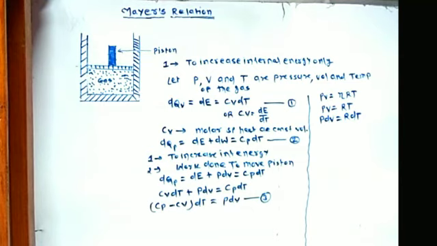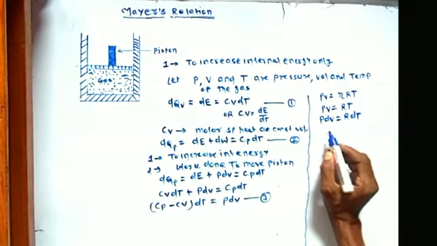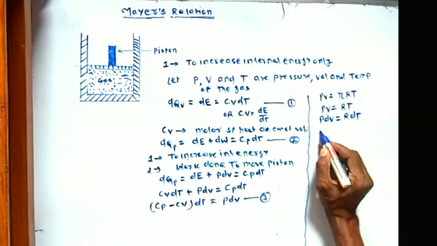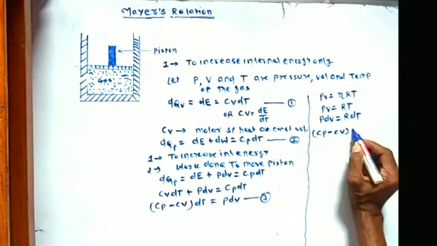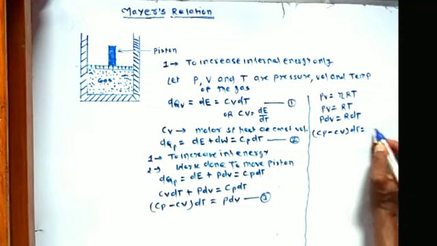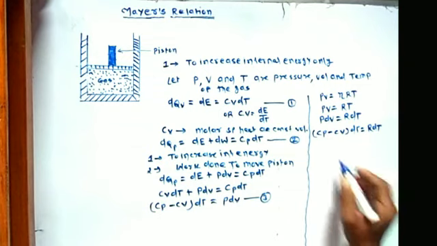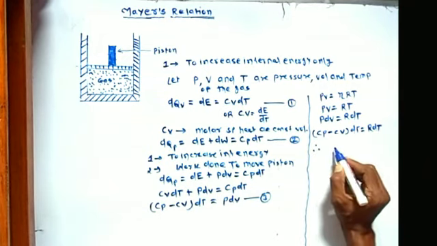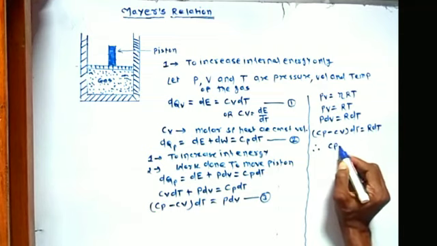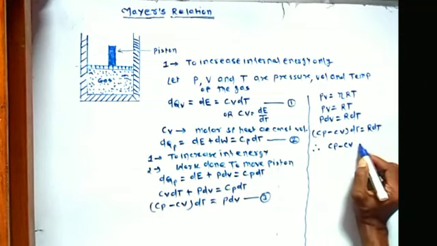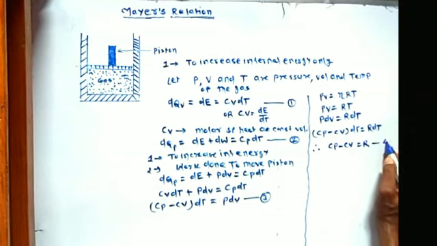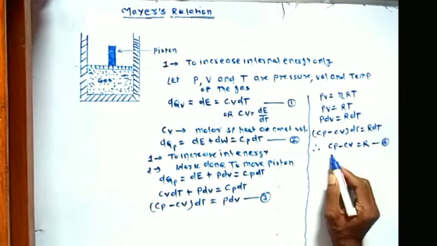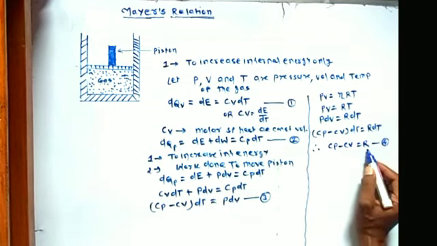Substituting this value in equation 3, equation 3 becomes (Cp minus Cv) dT equal to R dT. Therefore, Cp minus Cv equal to R. This is our fourth equation, and this is known as Mayer's relation.